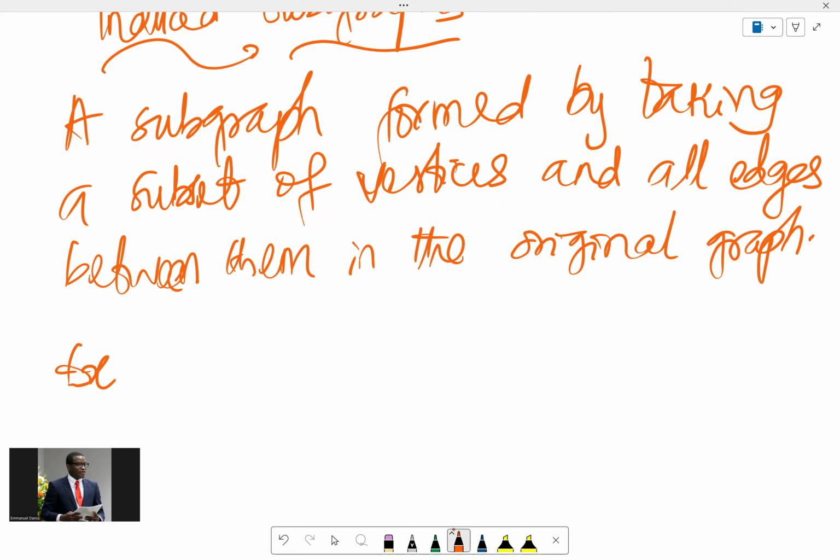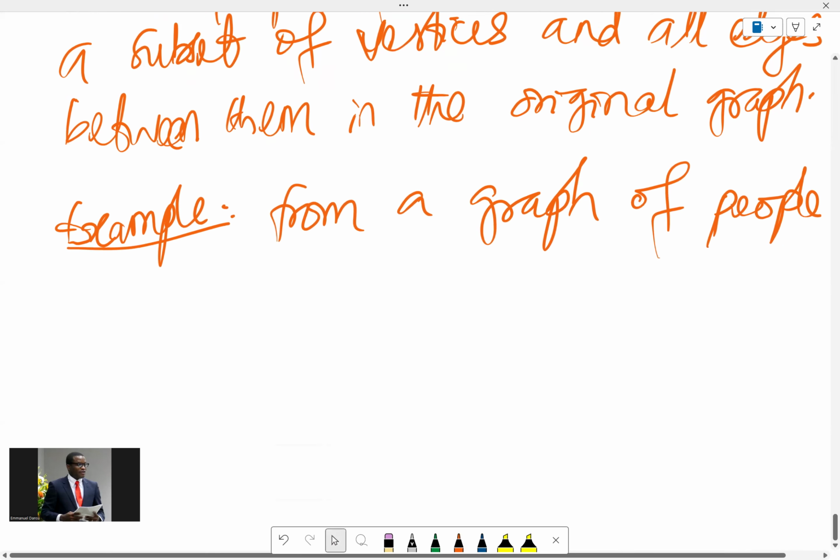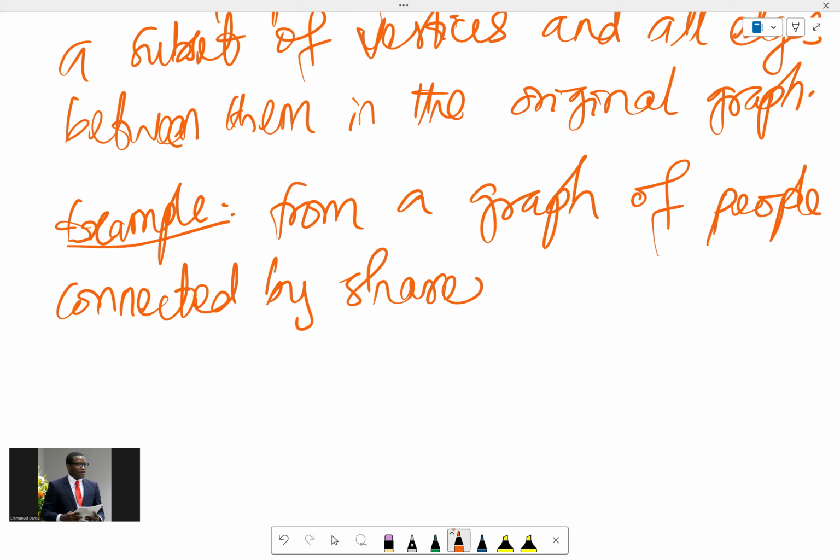A very good example would be a graph of people connected by shared interests.